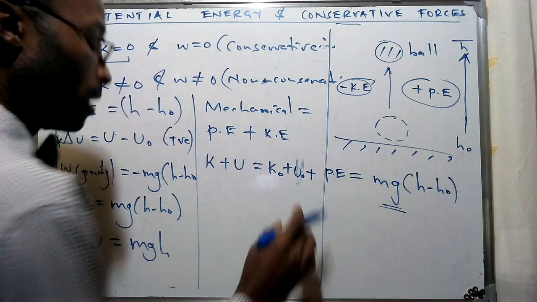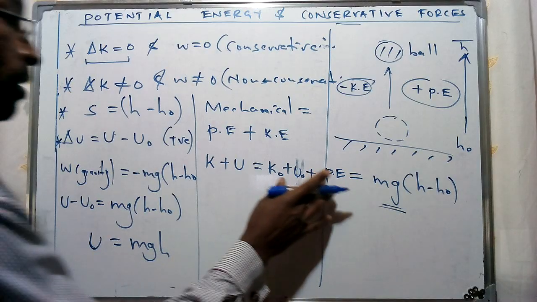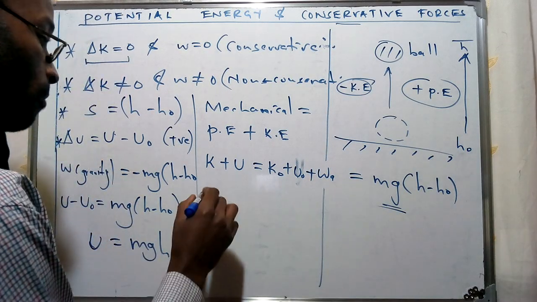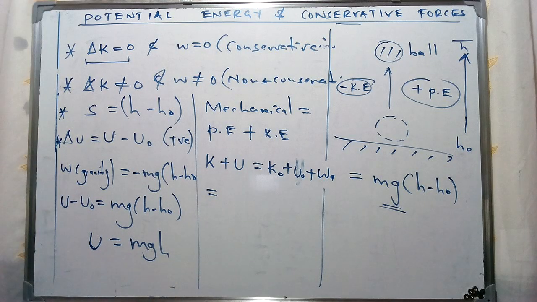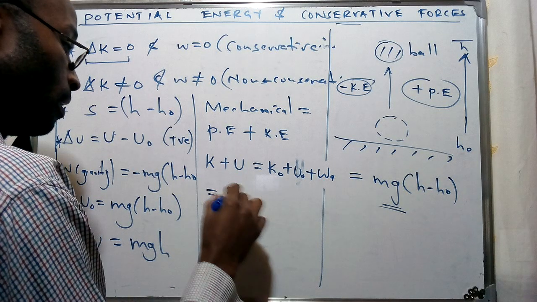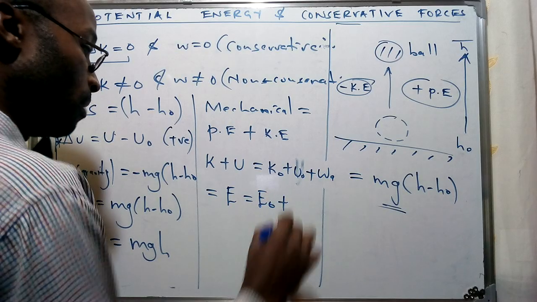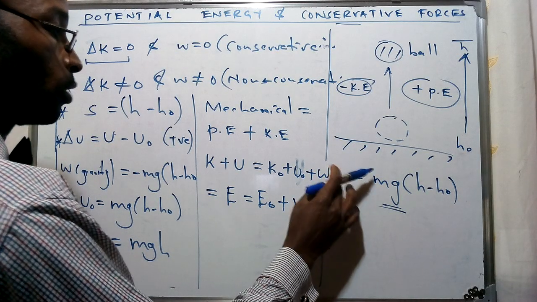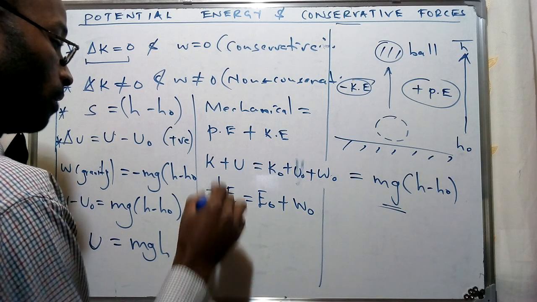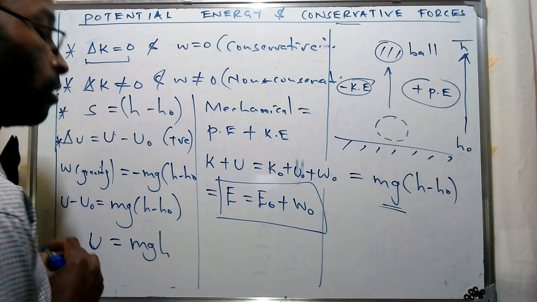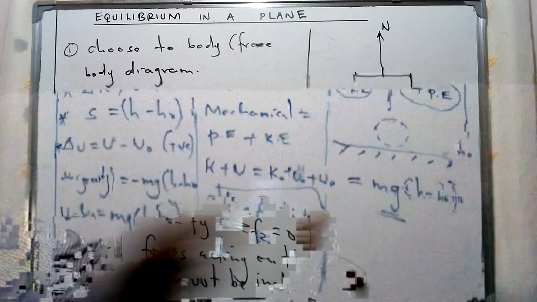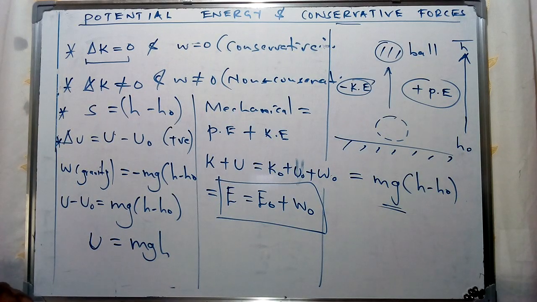But in case there's some work done, we can include this work done, and therefore the energy is equivalent to the initial energy plus some work done given as W. So this is going to be W naught given as that one. This gives us our description of the mechanical energy involved for various kinds of scenarios which we are going to come across.